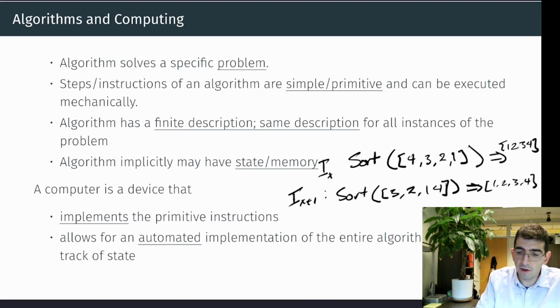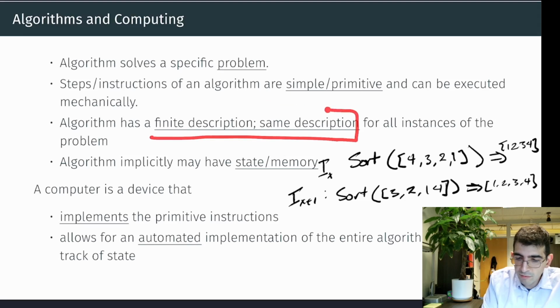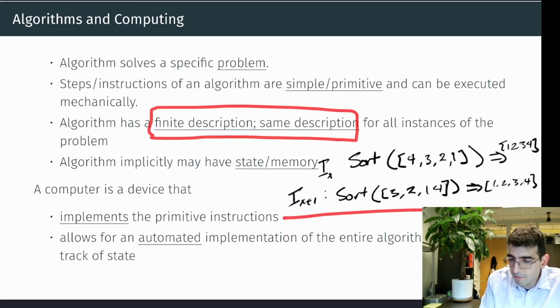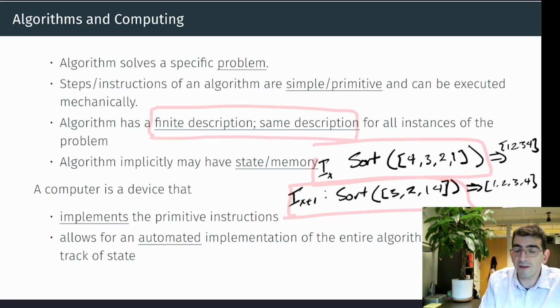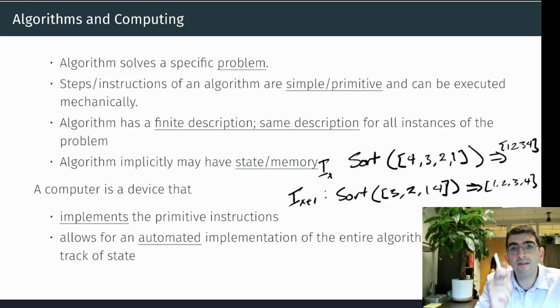Okay? What's important here is simply that an algorithm has the same description for every single instance of a problem. So you have a problem, you have one series of steps that you use to solve the problem regardless of the input, regardless of the instance.